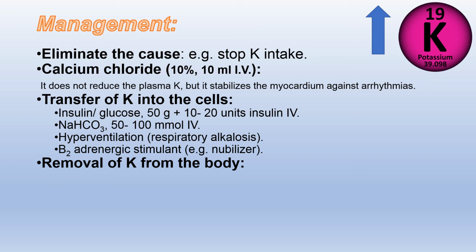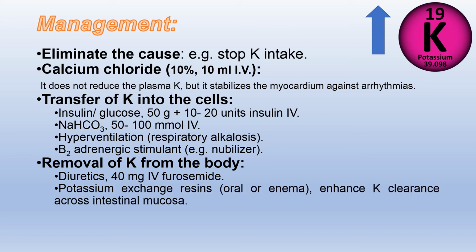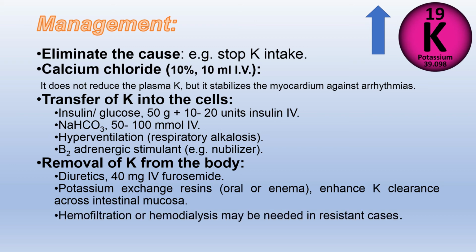Removal of potassium from the body: diuretics, 40 milligram IV furosemide; potassium exchange resin oral or enema, enhancing potassium clearance across the intestinal mucosa; and hemofiltration or hemodialysis may be needed in resistant cases.